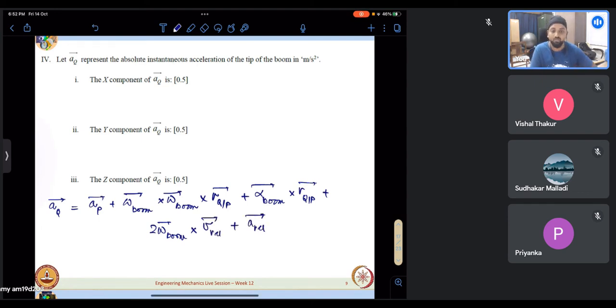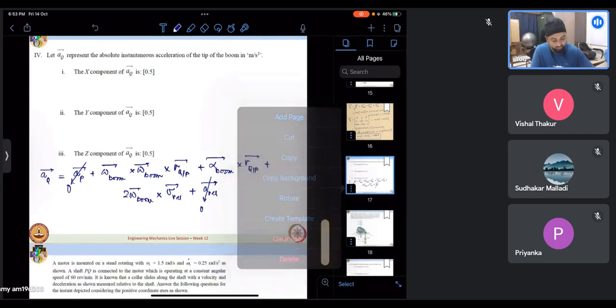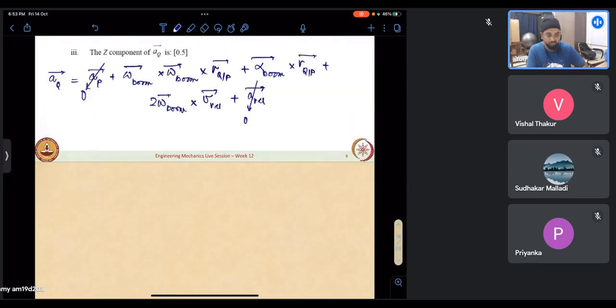Only solace is that AREL happens to be 0 here because the crane operator sees it to be moving with a constant velocity. It increases constantly. AP is 0. Rest everything we can take the cross products and calculate. So let us do that.